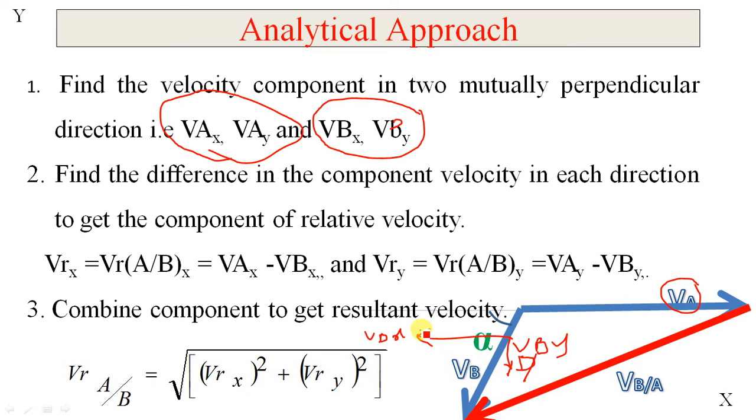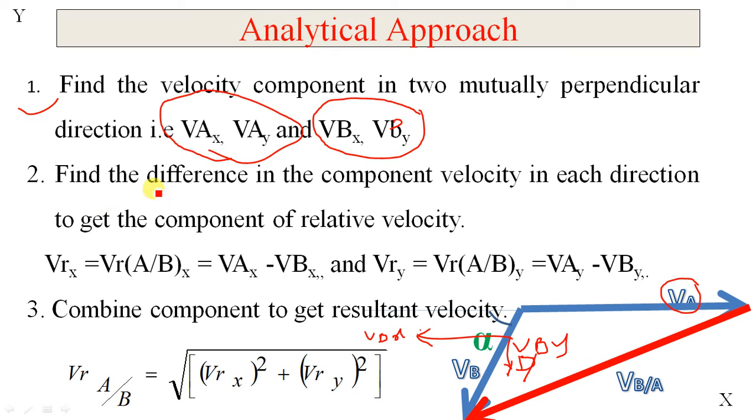Vbx is Vb cos of alpha and Vby is Vb sine of alpha. Both are negative, it is in the third quadrant. Now Va is nothing but the Vax, because its y component is 0, because it is truly horizontal. Okay, find the velocity components in two mutually perpendicular directions, that is Vax, Vay and Vbx, Vby. So did you understand this first step?